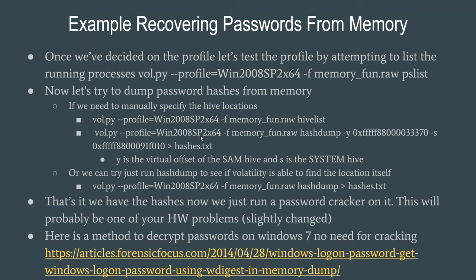This is the SAM hive of your registry that is loaded in memory, and this is the system hive. All these hashes are now dumped into hashes.txt. So this is one way.